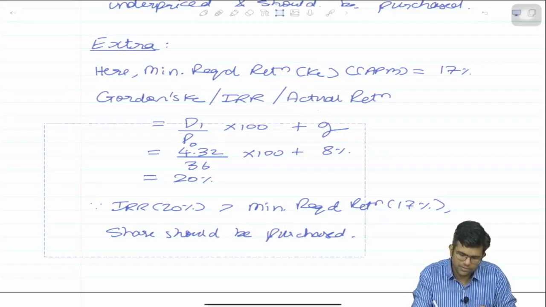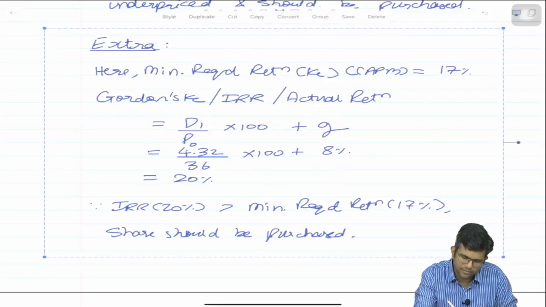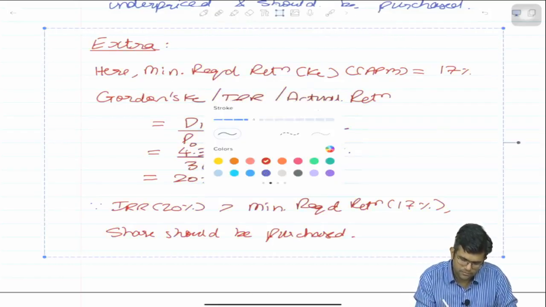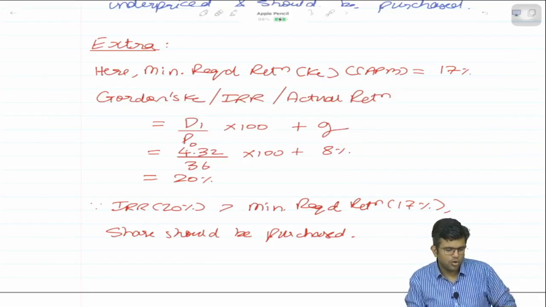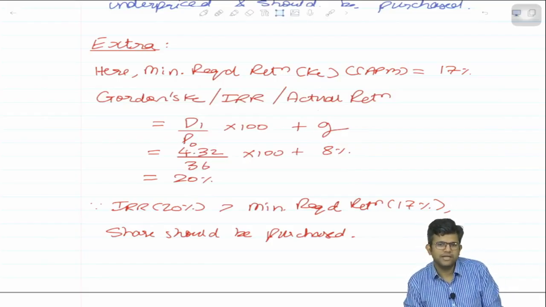Remember this if possible for portfolio management. In portfolio, I will tell you how there are two ways of evaluating a share, and both ways I have kept in front of you in this particular question. One is the price versus value route, and the other is the Gordon versus CAPM route. You're understanding?